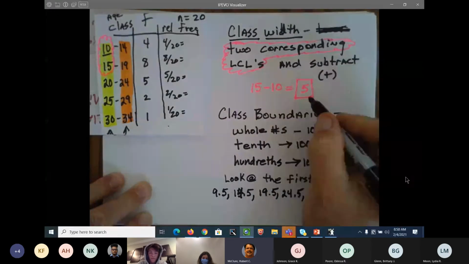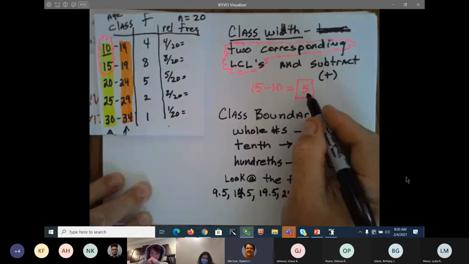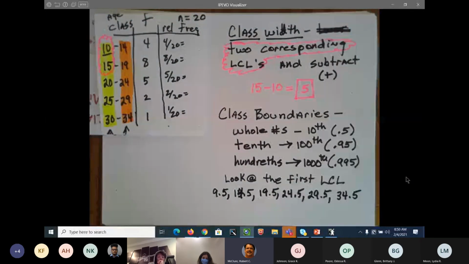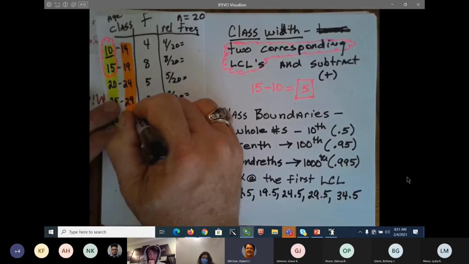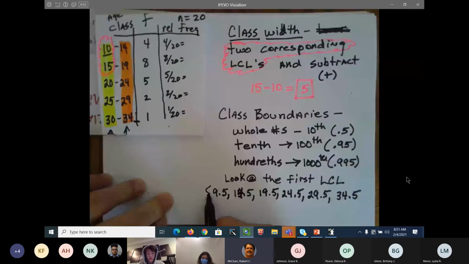And 24.5 plus 5 is 29.5. And 29.5 plus 5, look at there, 34.5. And that's what we were wanting, because that one is right here. And that's how you find your class boundaries. Please don't make this hard, because it's not.